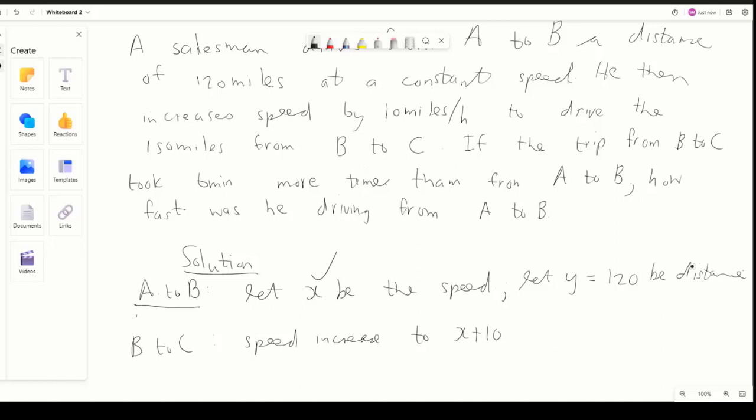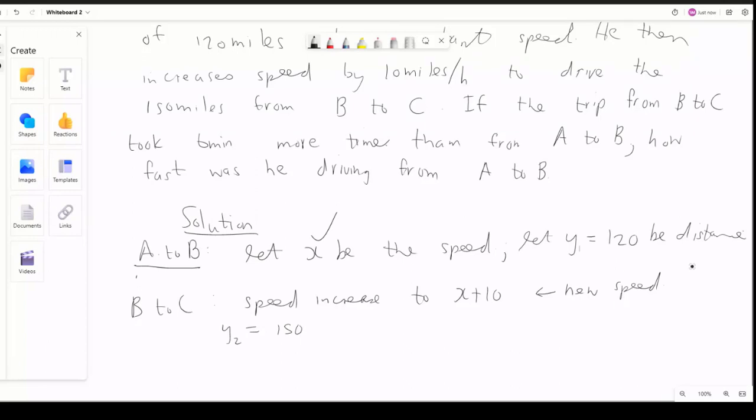This is the new speed between B and C, X plus 10, to drive the 150 miles from B to C. I can call the distance from B to C Y2, and Y2 is equal to 150 miles.